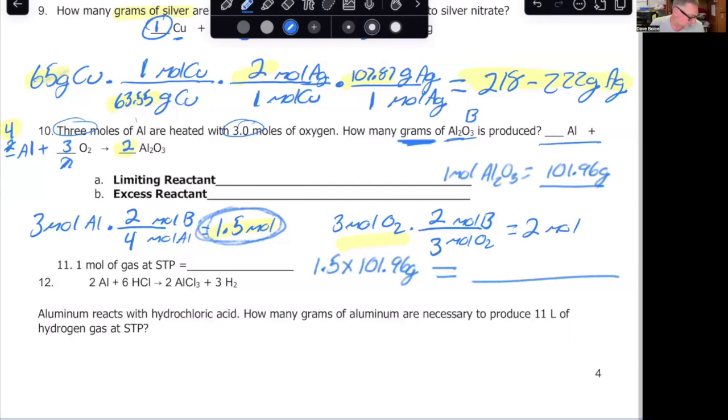And that is going to be between 150 to 155 grams, which makes sense. If 1 mole weighs just slightly over 100, then 1.5 moles should weigh somewhere in the 150-ish range. So there you go.